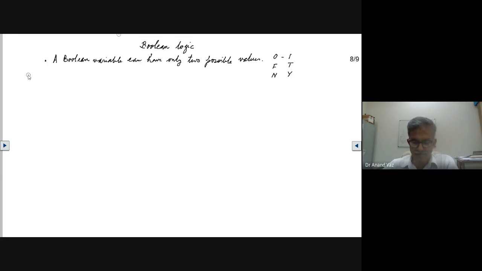Now, in this particular lecture, we will review some of the things which we already know about Boolean algebra, which is required very commonly in mechatronic devices. When you are having a mechatronic device, you would like to program that device or make it behave according to a particular logic. If this condition is fulfilled, this condition is fulfilled, this condition is not fulfilled, then this should be the output.